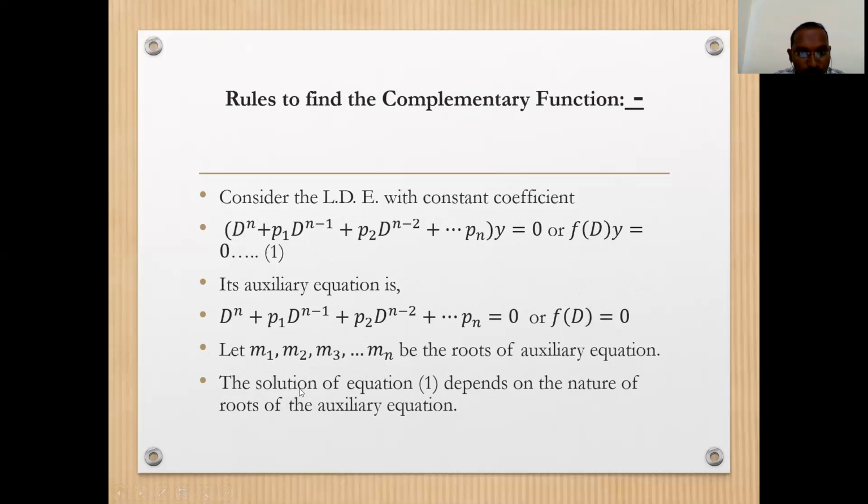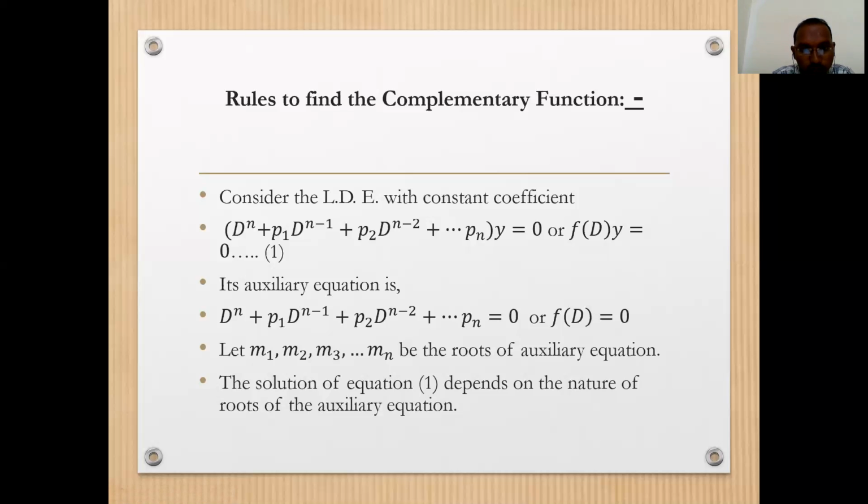This is a polynomial. As you know, D^n plus p1 D^(n-1) plus p2 D^(n-2) up to pn is equal to 0 is a polynomial in D, and it is an nth degree polynomial. So this polynomial has n roots. The roots may be distinct or the same.